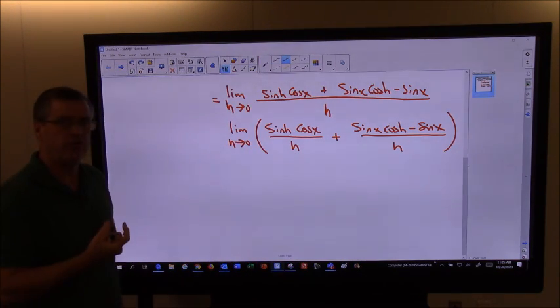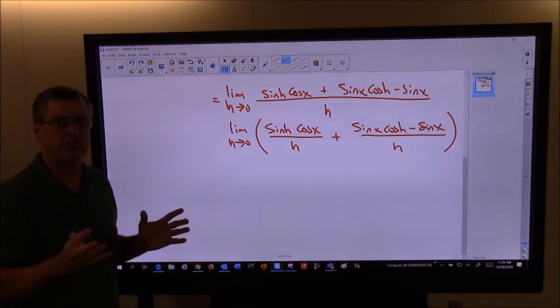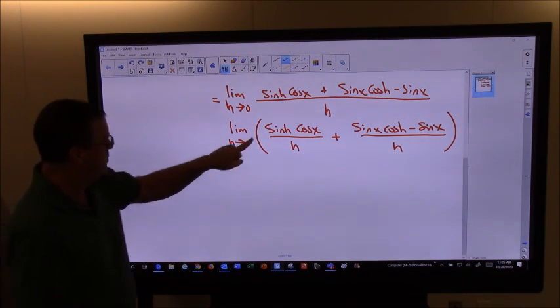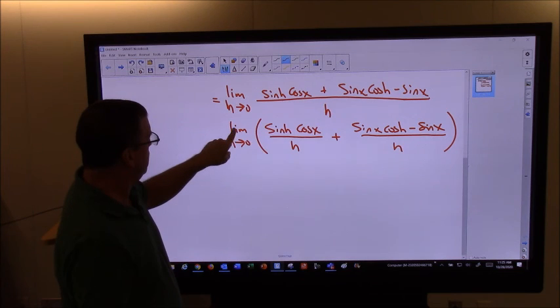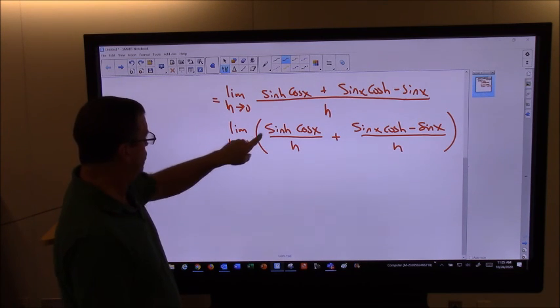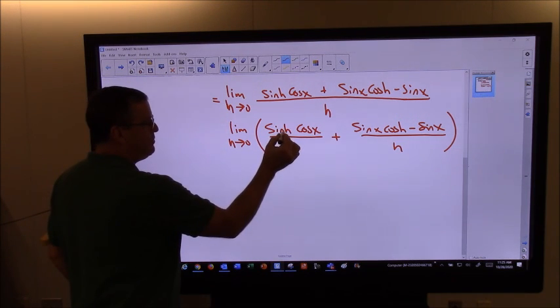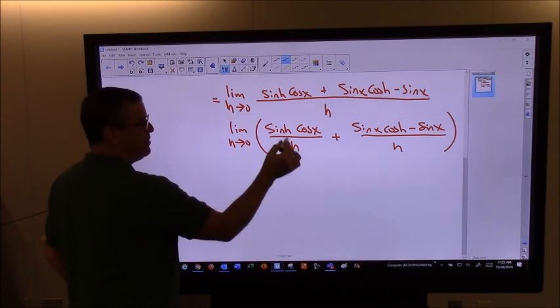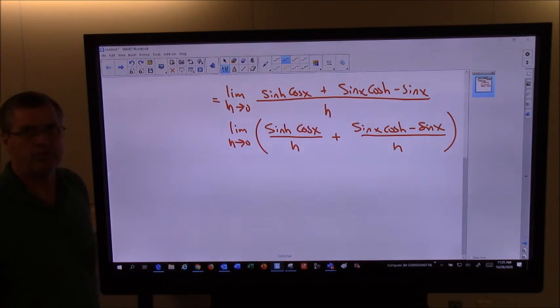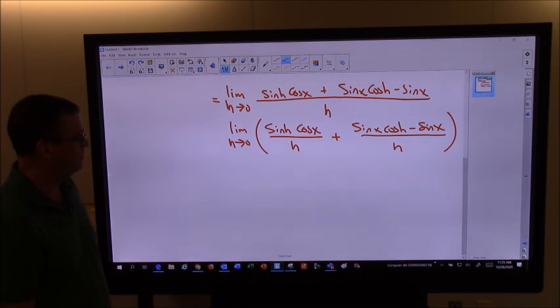And at this point we should start to recognize something that's helpful. Remember if we do the limit as x approaches 0 of sine x over x, as long as these two things are the same, that gives us something important. It's one of those special limits.